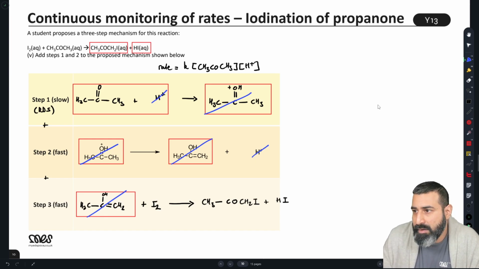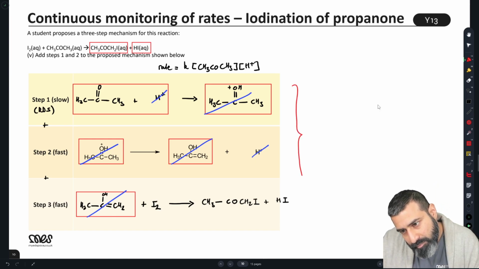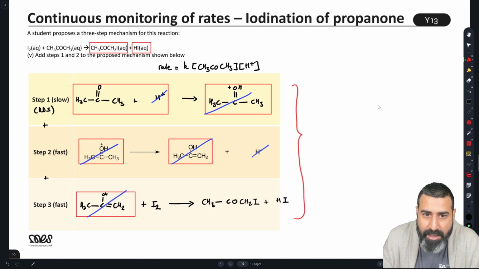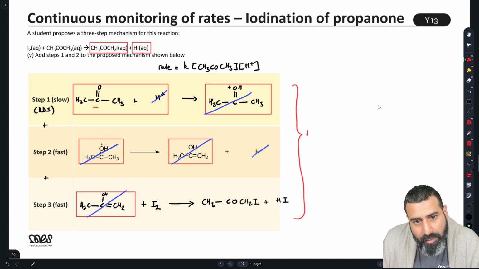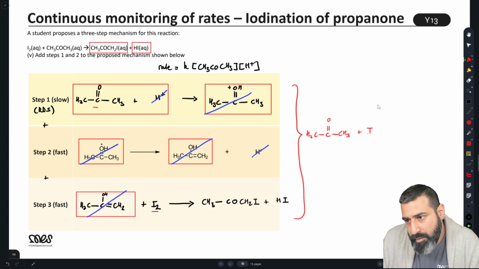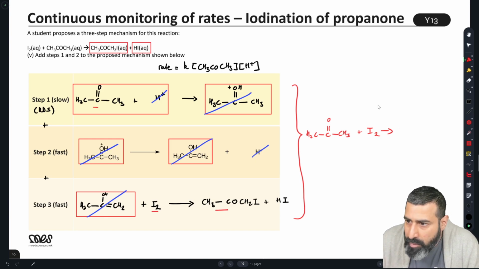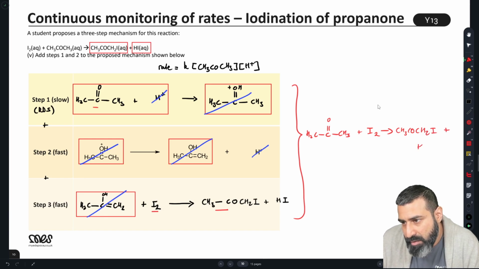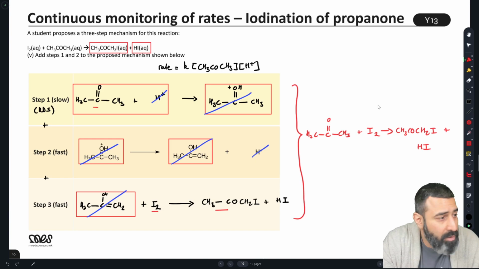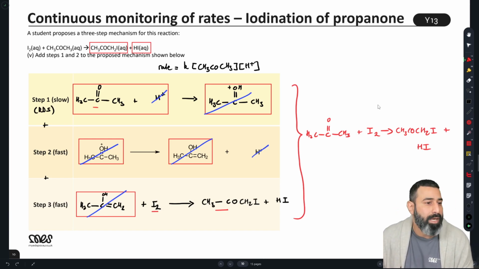If we add up all of these steps, we've got one molecule of propanone, one molecule of I2, forms CH3COCH2I plus HI. And we get the actual chemical equation, so this looks good to me.